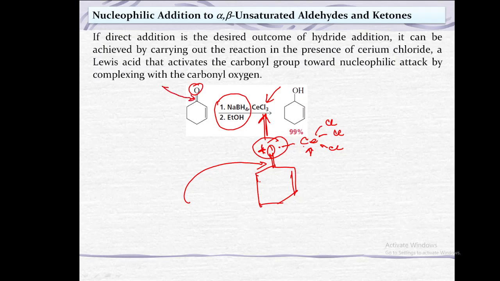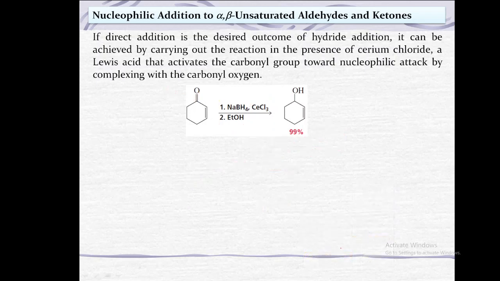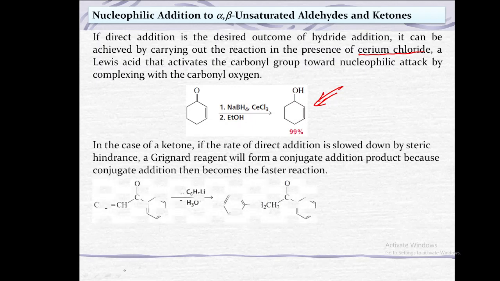So an attack here becomes highly likely. So with those changed reaction conditions, a direct attack is preferred. So cerium chloride activates that reaction.